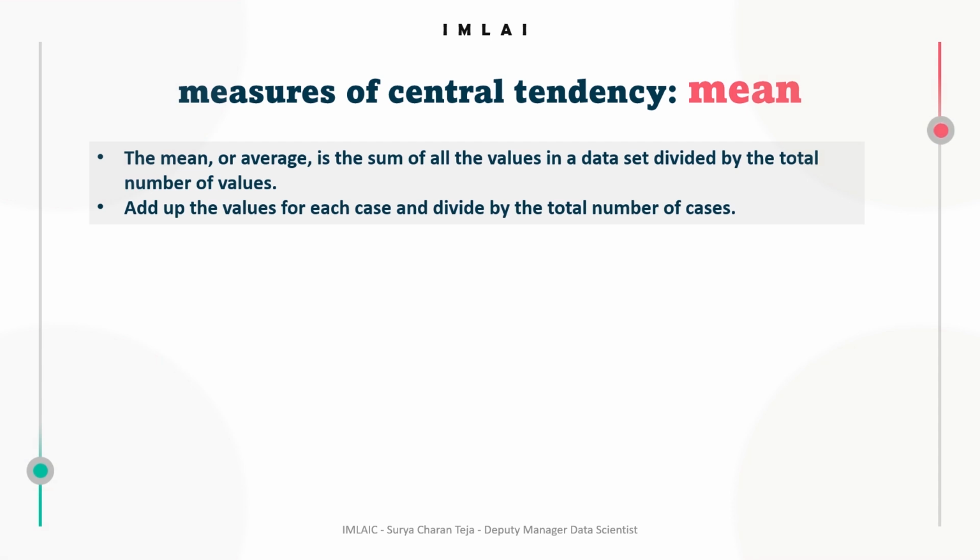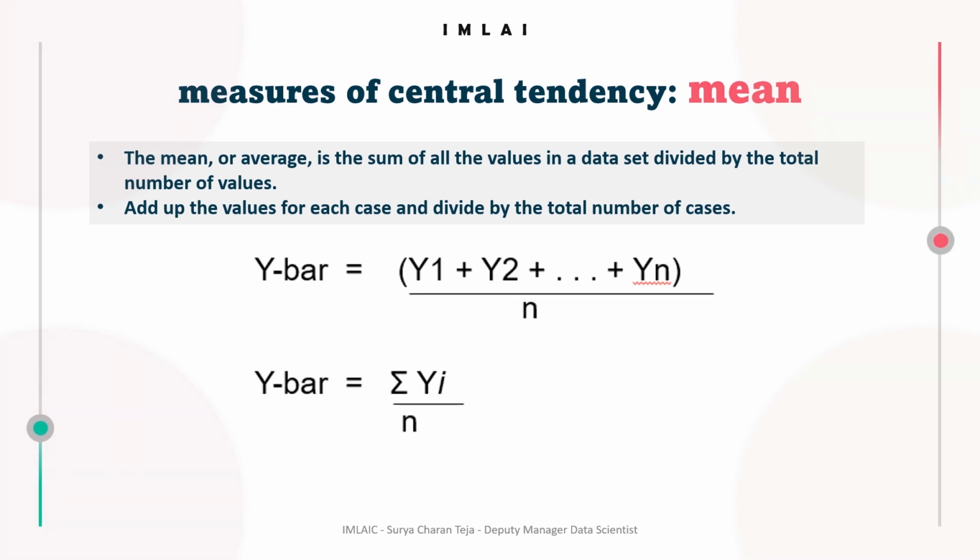Most often this is called the average. So the mean, or average, is the sum of all the values in a data set divided by the total number of values, or data points.